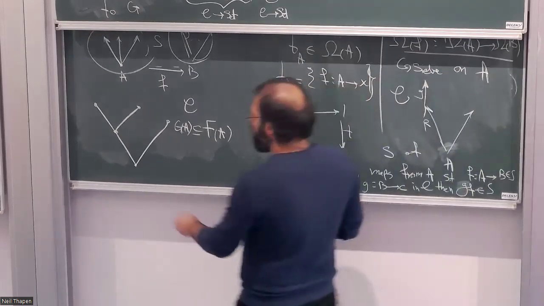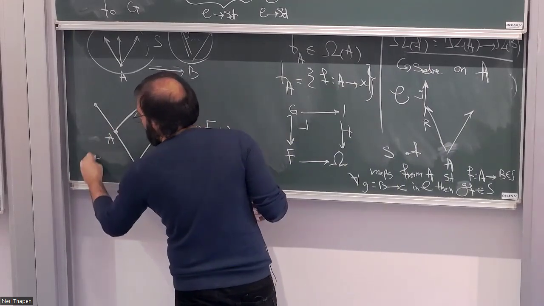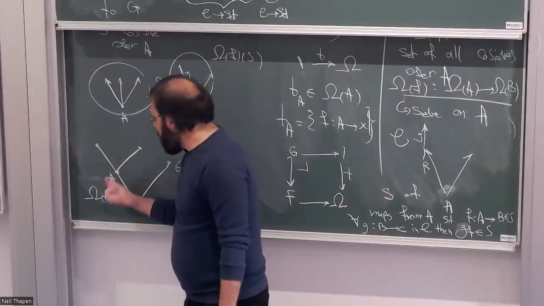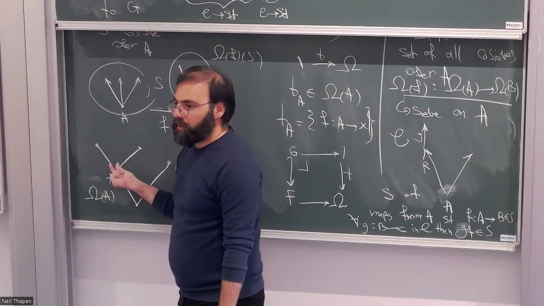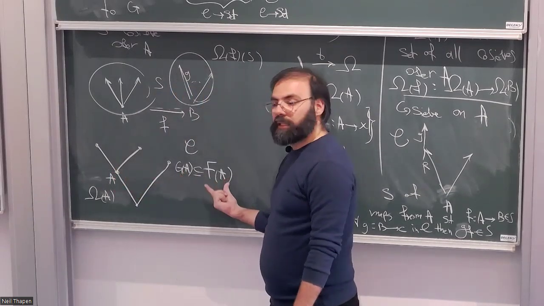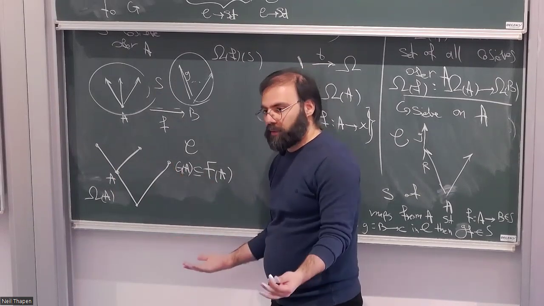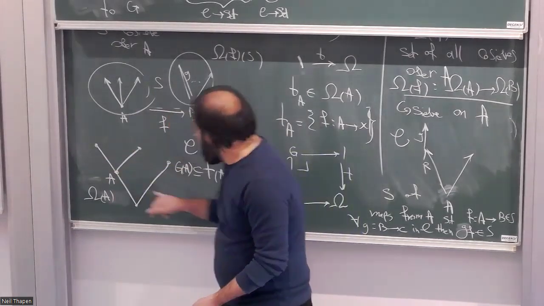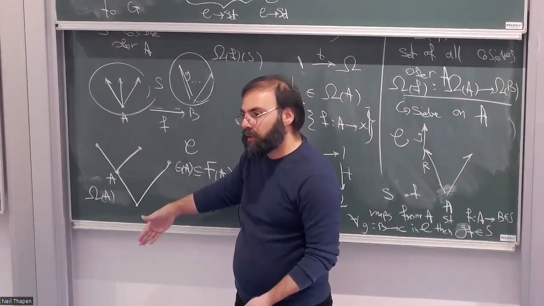So what is omega of A? This is A. Omega of A is all possible things that can happen for some element of F to be in G or not to be in G or whatever, right? So what are the different possibilities? If you forget about the morphisms, simply it would be an upset, right?